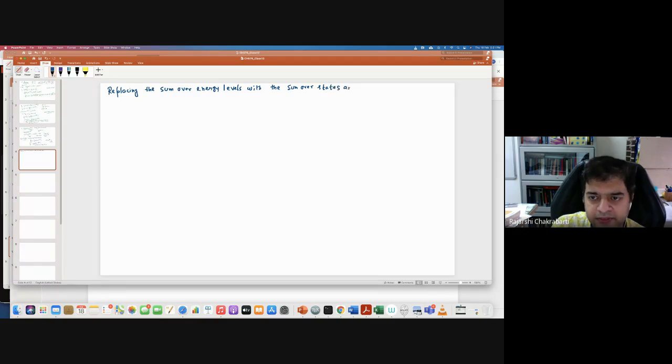And then replace the sum with an integral, giving a statistical weight to each state.